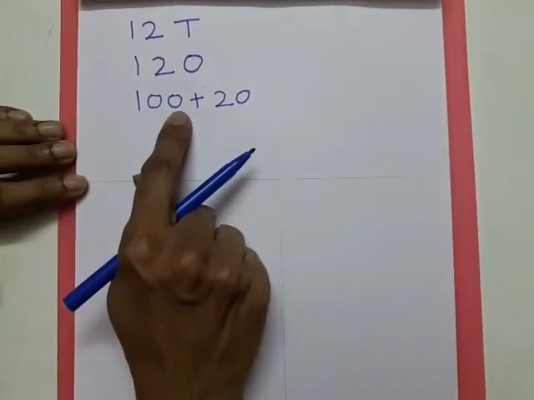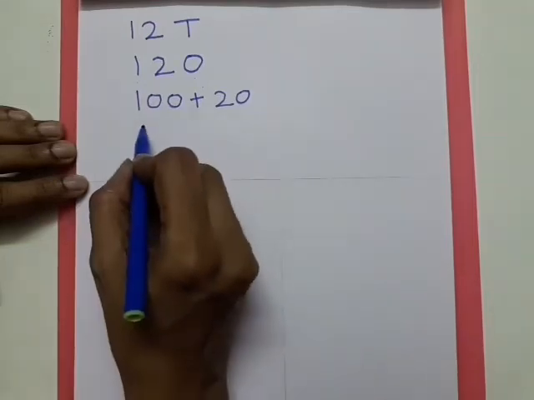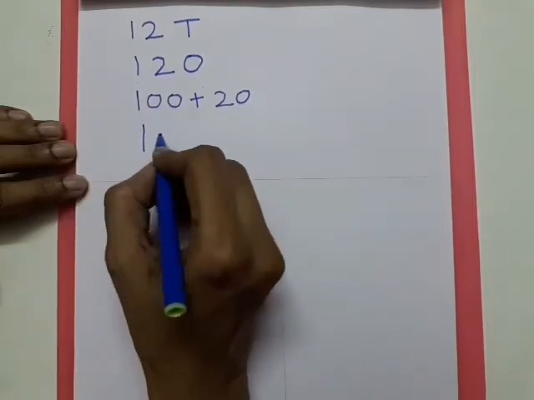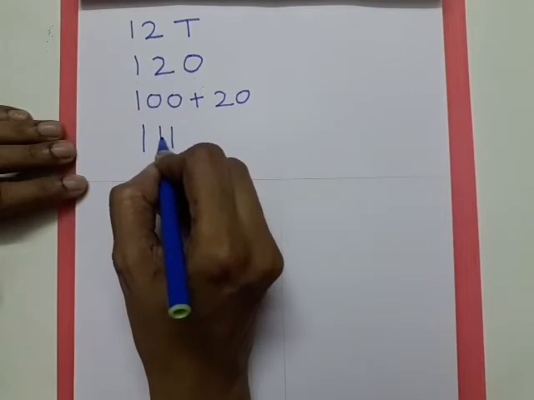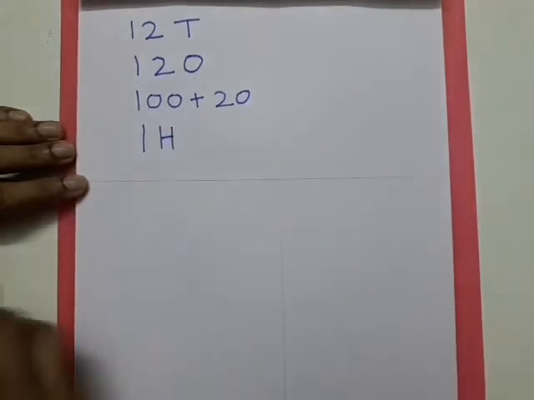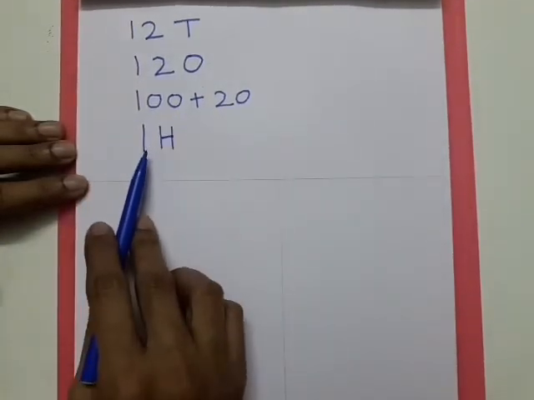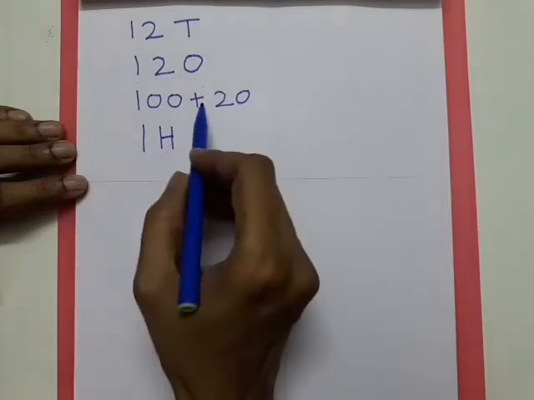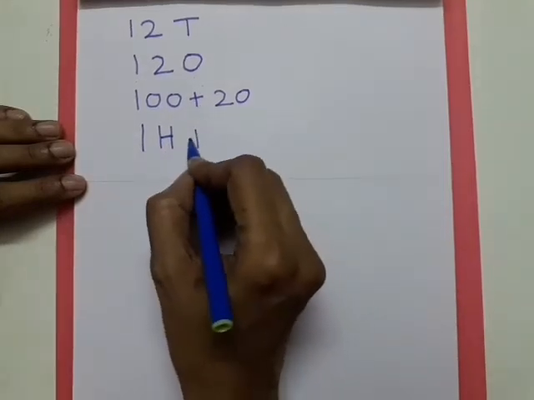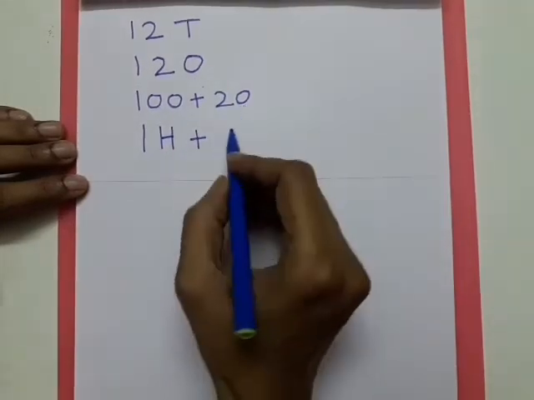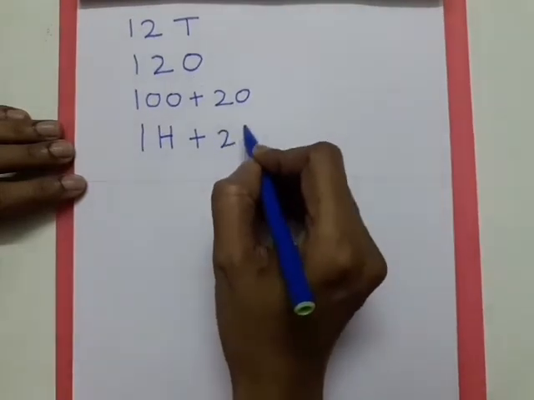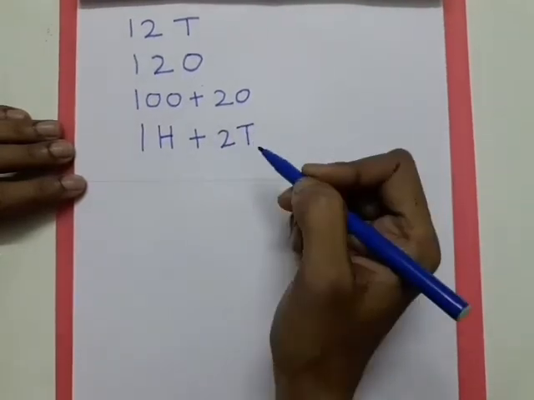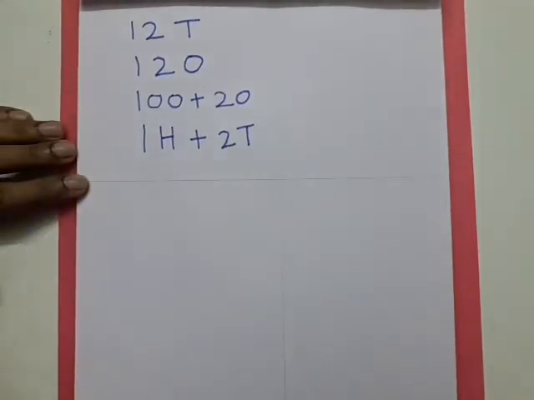Now this 100, I will write it as 1 H. H stands for 100. So 100, I wrote it as 1 H. Now plus 20 means 2 tens. Okay children, so just look at this carefully and understand how I am explaining.